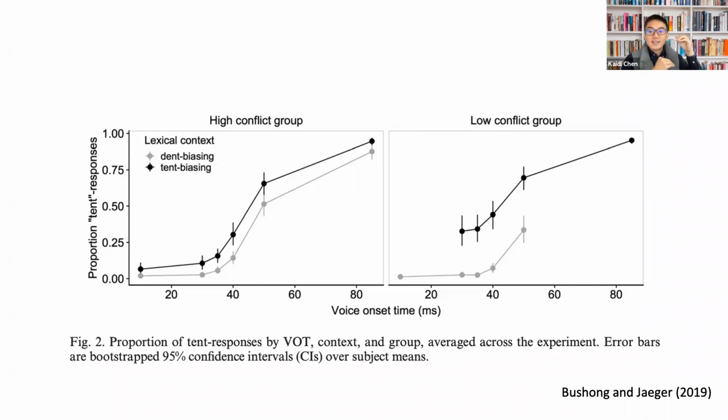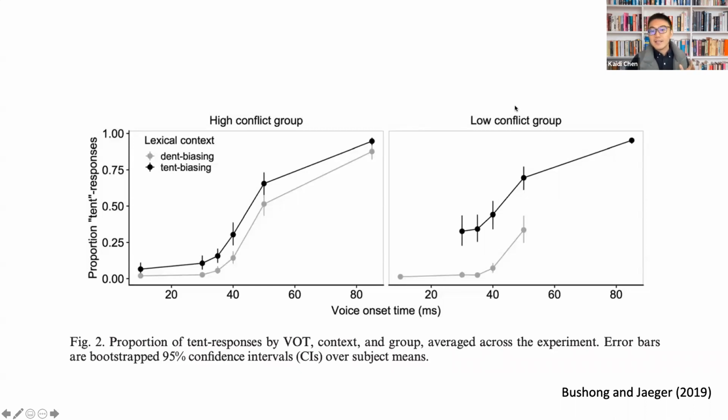So you can see that when there are more tent biasing contexts, there are more tent responses in both high conflict and low conflict groups. What is more interesting is that the distance between the black line and the gray line is different in the high conflict group and low conflict group.